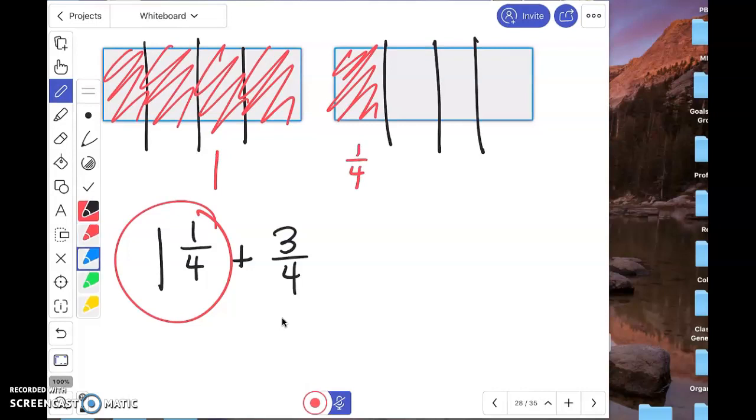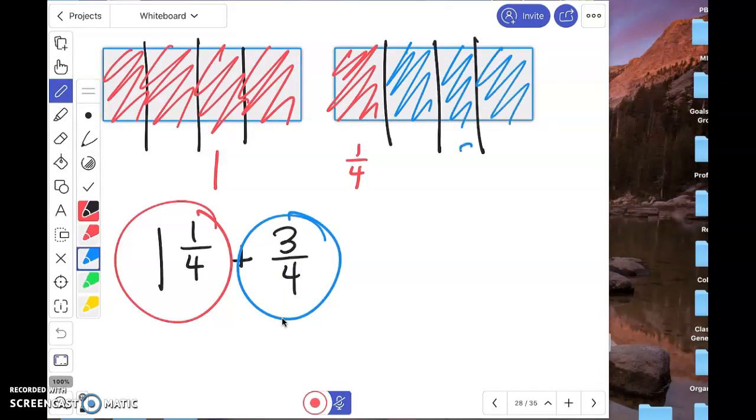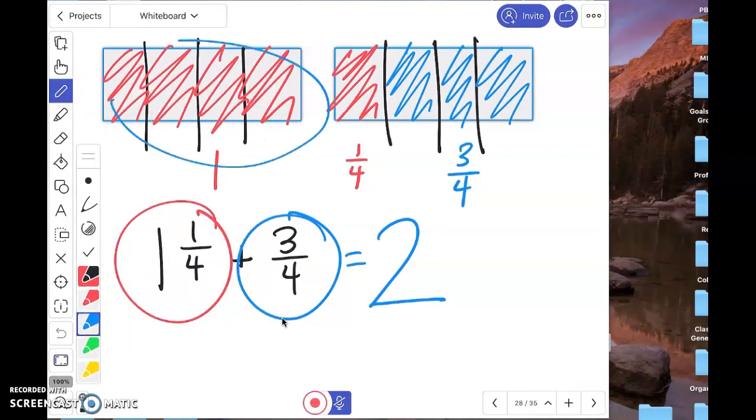And now I have to add on another 3/4: 1/4, 2/4, 3/4. So 1 and 1/4 plus 3/4, well, that's an easy one. That's a complete 2, because I have this whole candy bar and this whole candy bar.